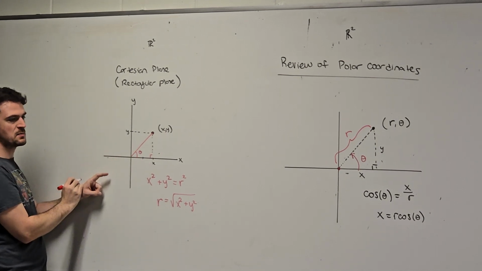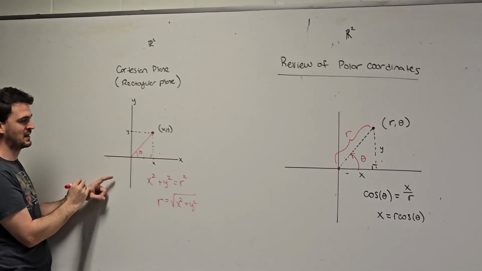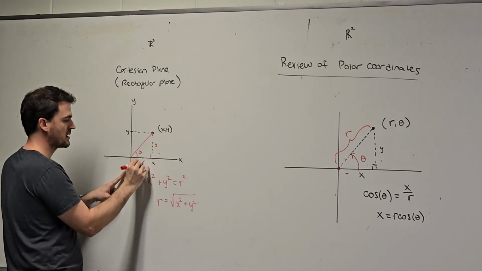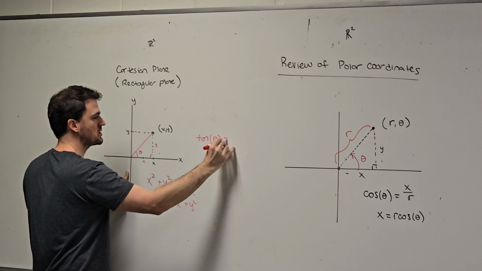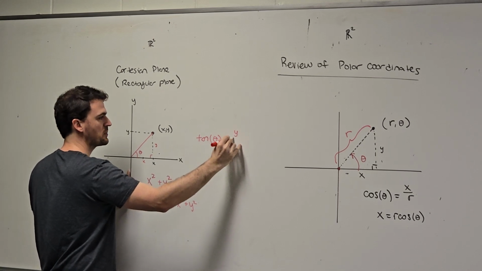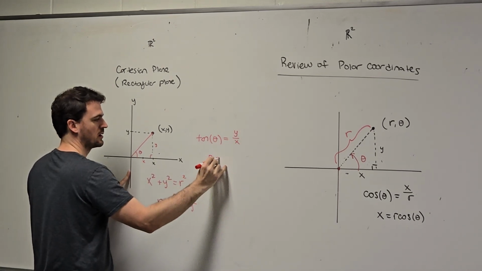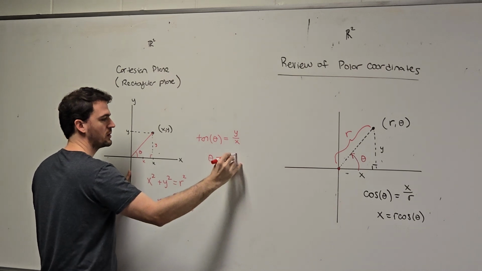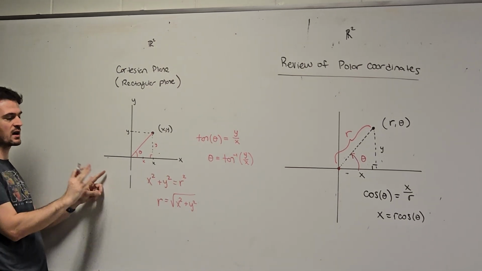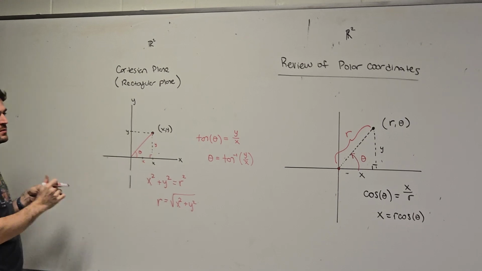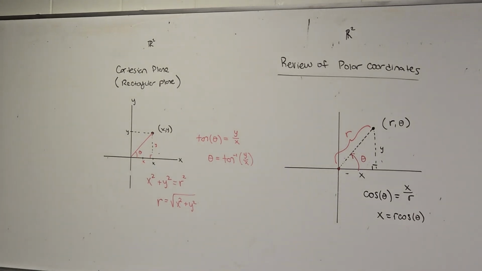And we want theta to be this angle here. If this is my x and that's my y, it needs to be true that the tangent of that angle is opposite over adjacent. Therefore, that angle is arctangent of y over x. Again, just showing where they come from. We're not responsible for reproducing those.